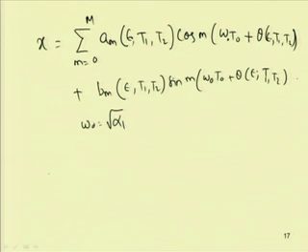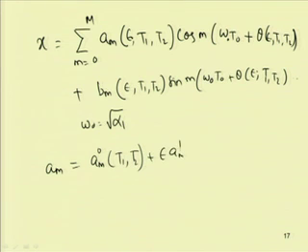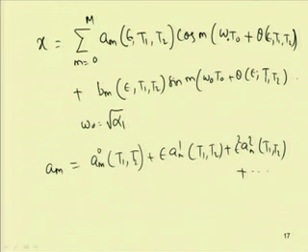So, here this Am can be written by using this epsilon. We can write Am equal to Am 0, where this Am 0 is not a function or a parameter of epsilon. So, Am can be written as Am 0 T1 T2 plus epsilon Am 1 T1 T2 plus epsilon square Am 2 T1 T2 plus higher order terms.